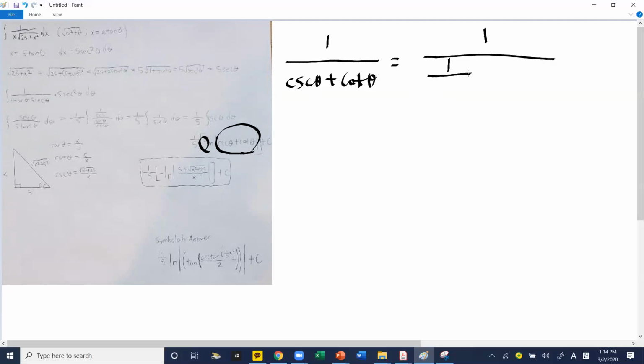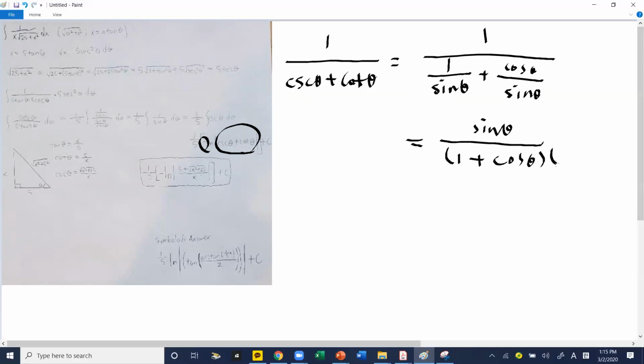Right. This is 1 over sine, right? Yep. And this one is cosine over sine, right? So this one is sine theta over 1 plus cosine theta, right? Yeah. And then I'm going to multiply by 1 minus cosine theta.